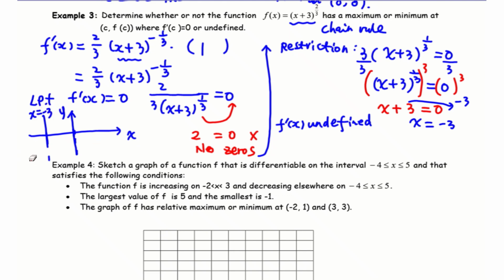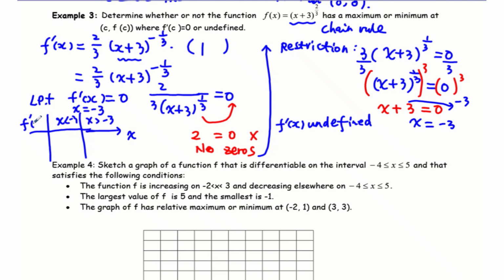And we are going to find on the left side x less than negative 3, and x greater than negative 3. So only one undefined critical point, negative 3. One critical point divides the x-axis into 2 intervals.